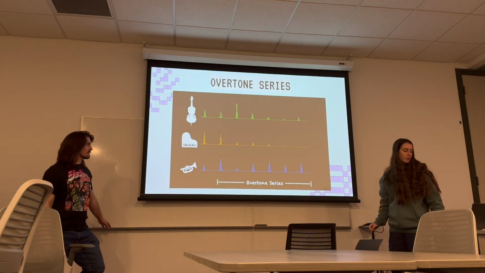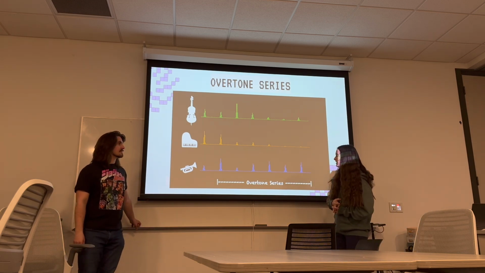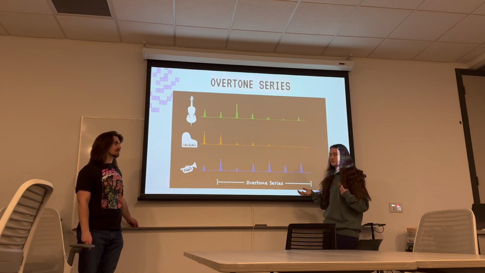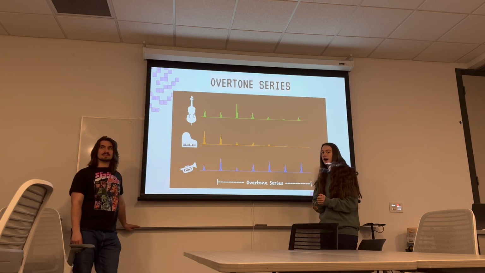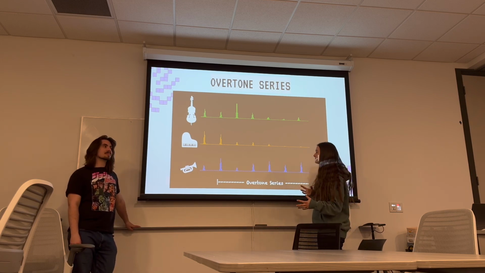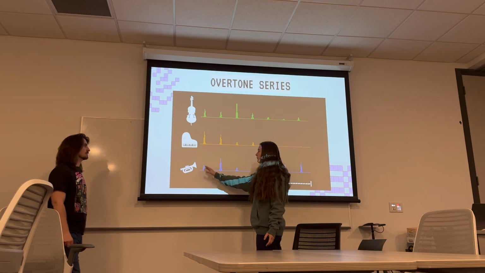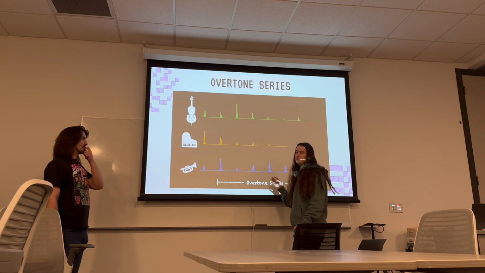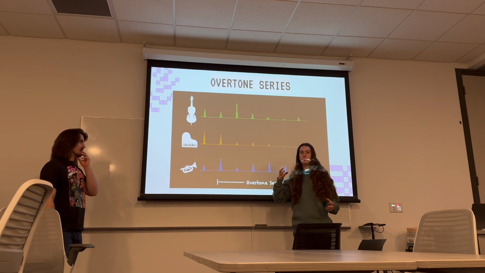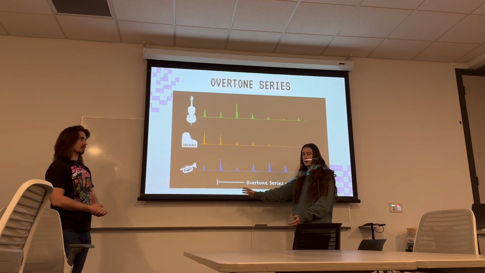One interesting thing that I learned is that this thing called the overtone series is kind of the bread and butter of how sound works with different instruments. Like Shane showed in the spectrogram, there are frequency components at integer multiples of the fundamental frequency.